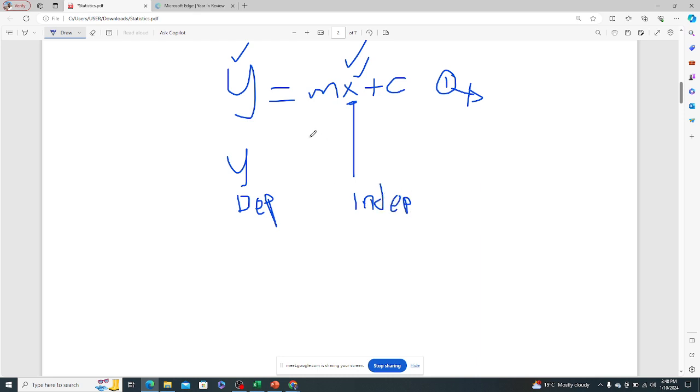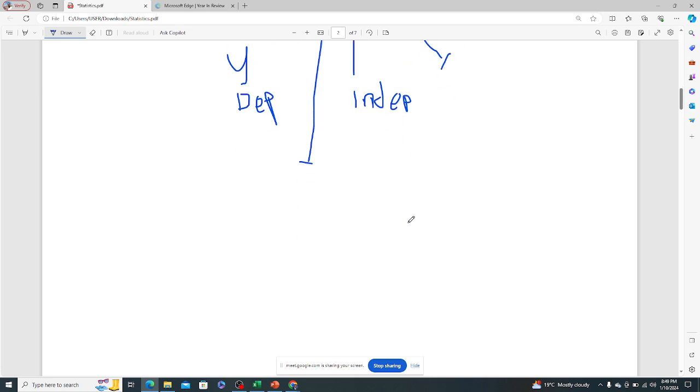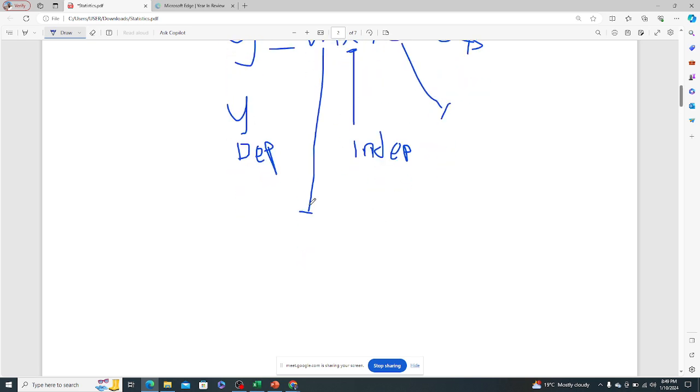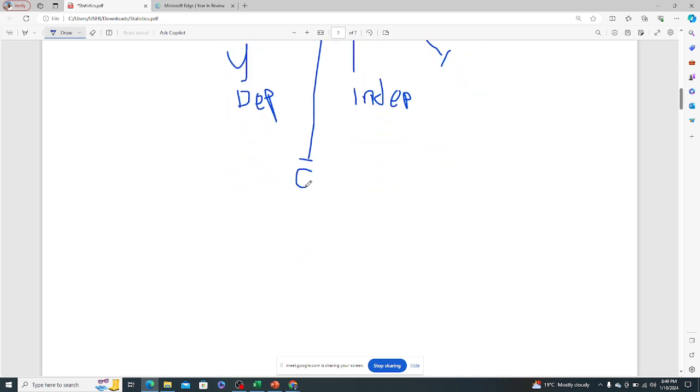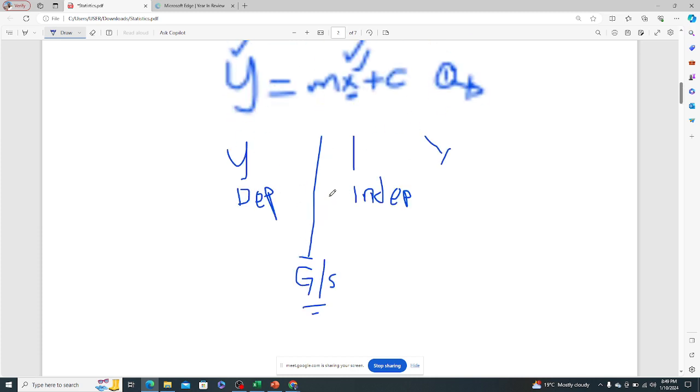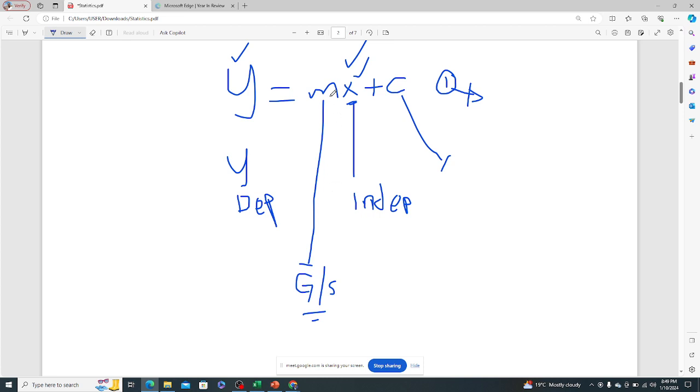Then we have c, a constant, and m, a constant. But what is the name of this constant? We know that m is the gradient or the slope. It is the slope or the gradient, or we can as well call it the constant attached to the independent variable, that is, a constant attached to x.